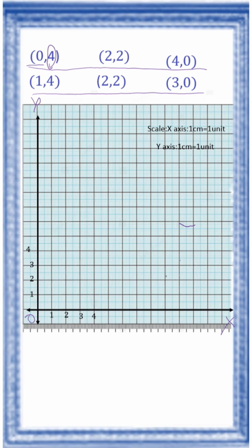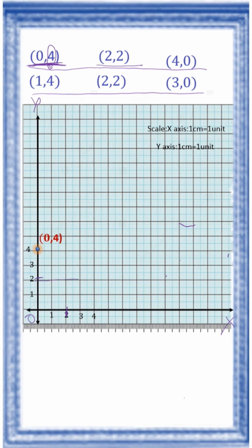Now let us mark this ordered pair 0, 4. This is the point 0, and in the y-axis here 4. So now this is the point which represents 0, 4. Now 2, 2. This is 2, this is 2.